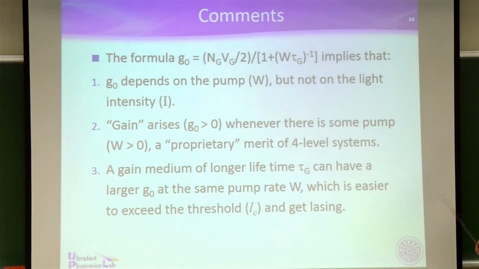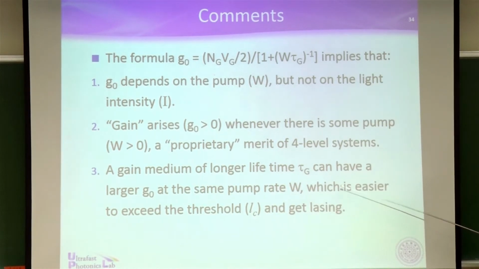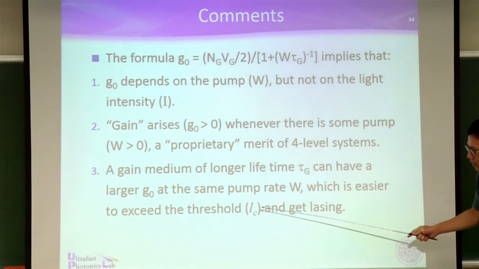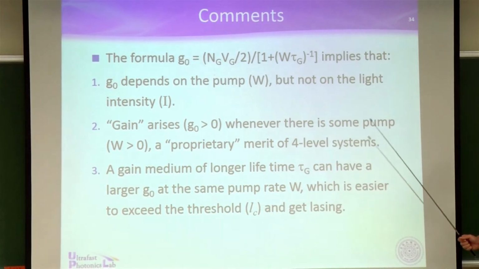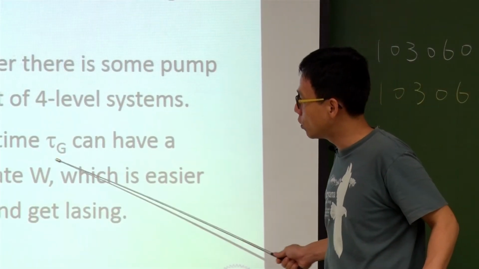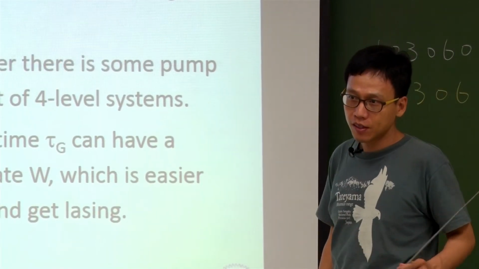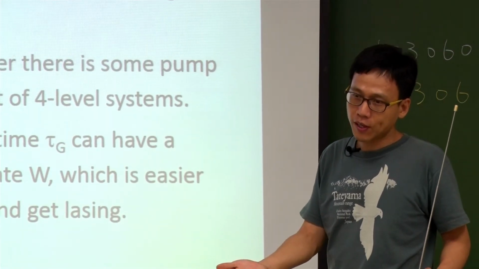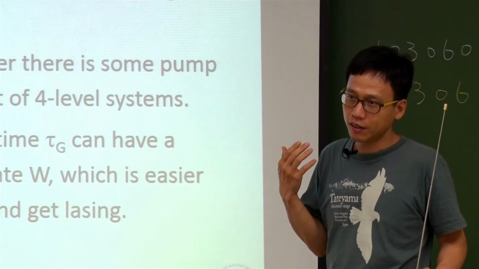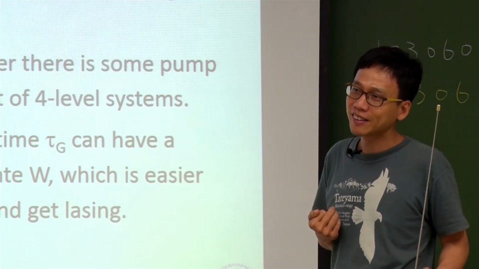This is advantageous to get lasing because you need a small signal gain which is larger than the cavity loss to get lasing. And a gain medium with long lifetime means with the same pump rate, you can get larger gain and easier to get lasing.